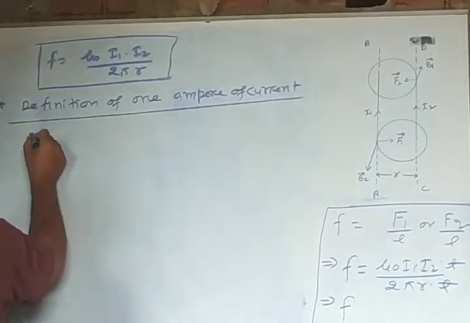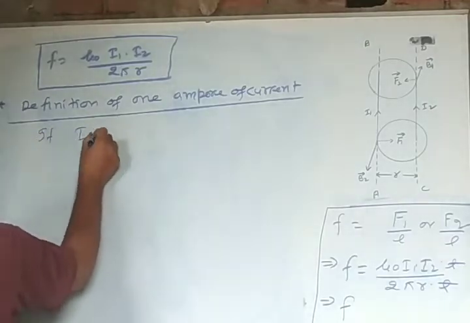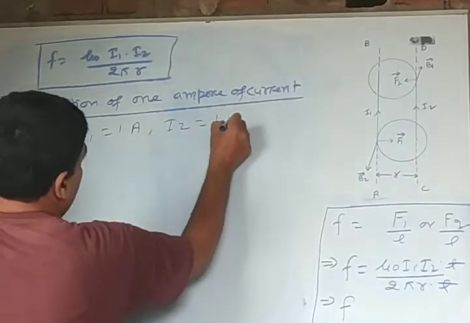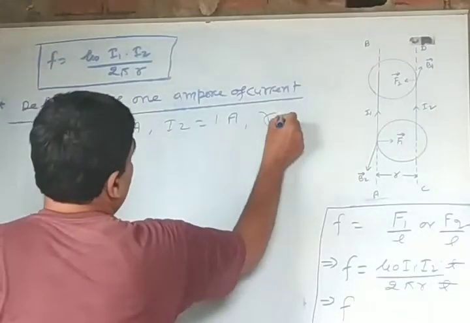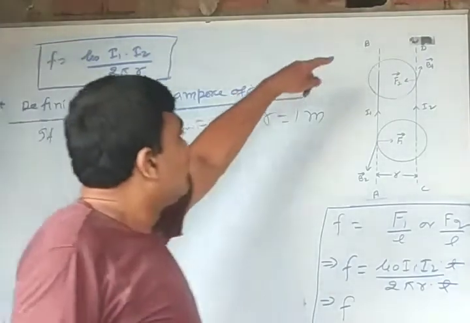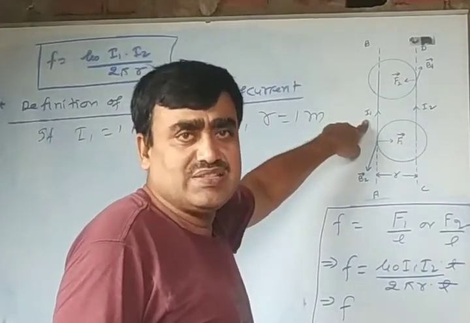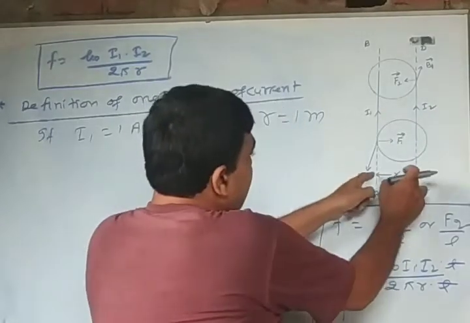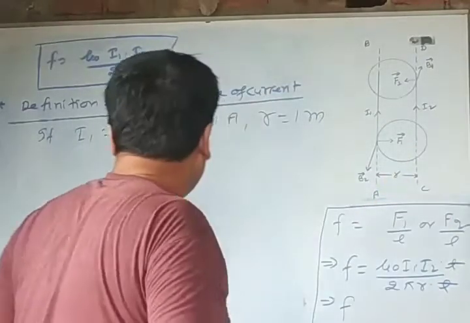Here we assume that I1 is equal to 1 ampere, I2 is equal to 1 ampere, R is equal to 1 meter. The current flowing in wire AB is 1 ampere, CD is 1 ampere, and the distance between both wires is 1 meter.